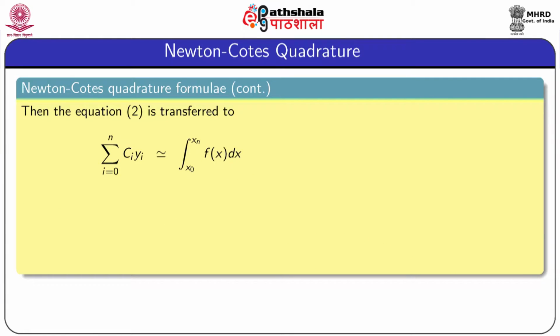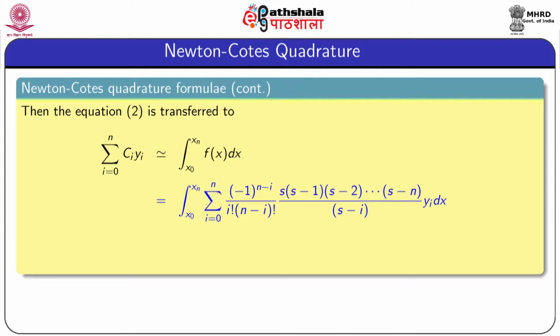Then equation 2 is transferred to the summation i equal to 0 to n of ci yi, which is approximately equal to the integral from x0 to xn of f(x) dx. And now the given function f(x) is replaced by the Lagrangian polynomial, denoted by the summation i equal to 0 to n and the corresponding polynomial.